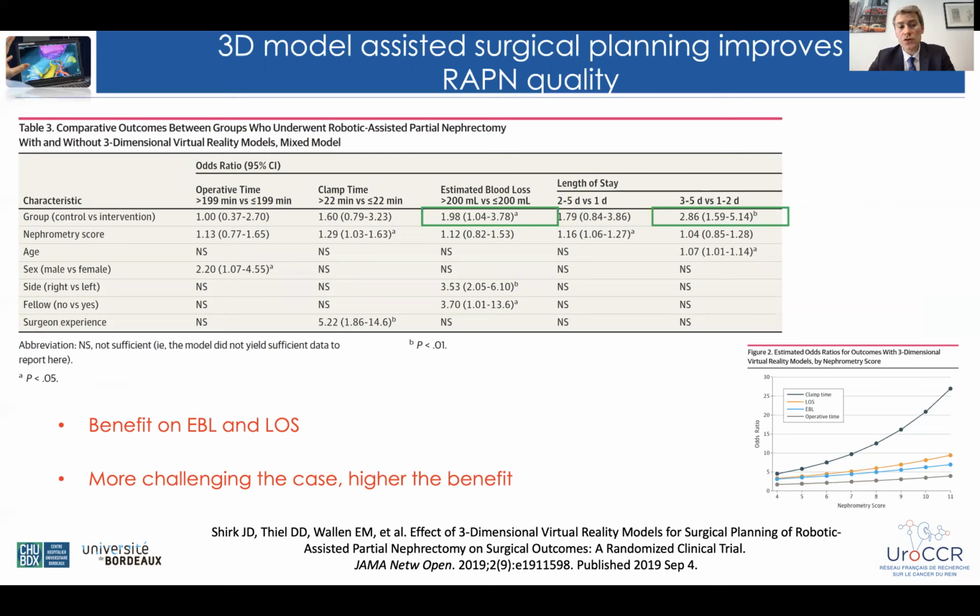So what are the conclusions of this study? First of all, the authors reported a benefit on the estimated blood loss and on the length of stay. But more interestingly, they reported that the more challenging the case, the higher the benefit.